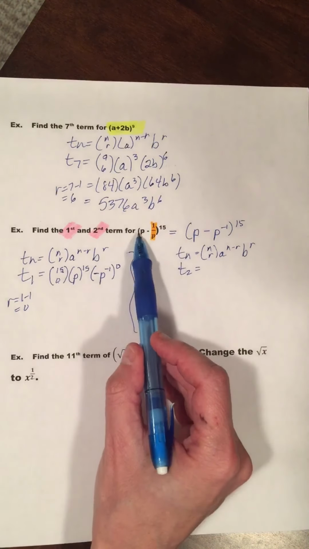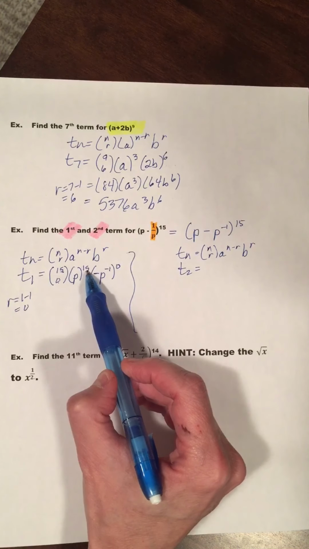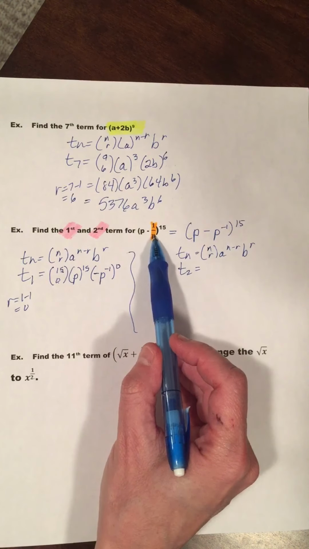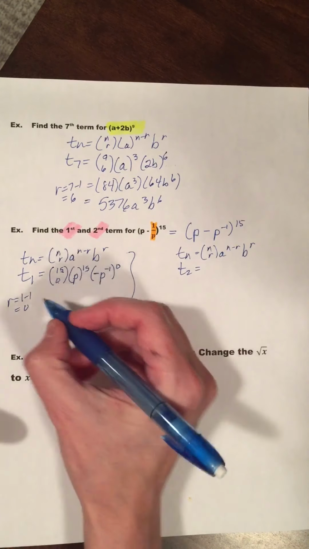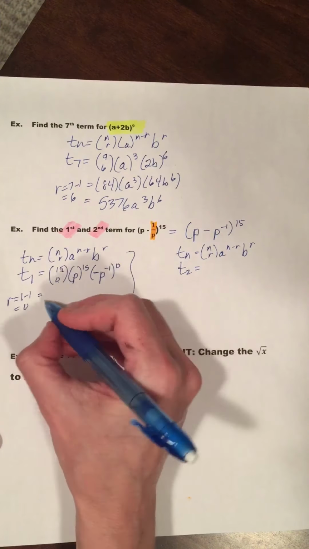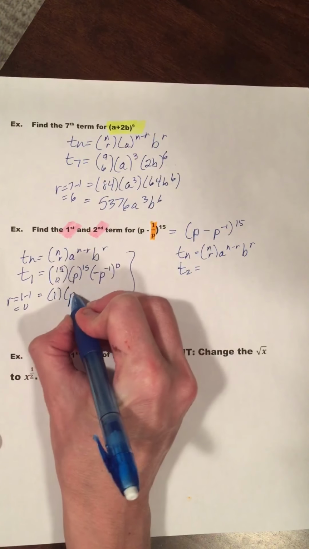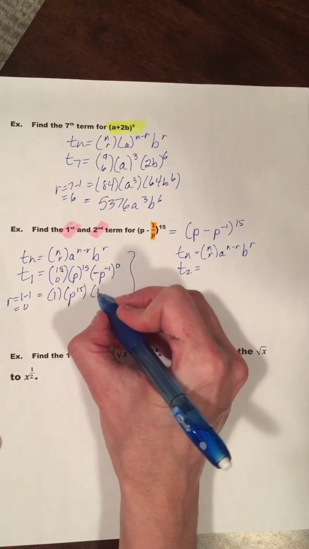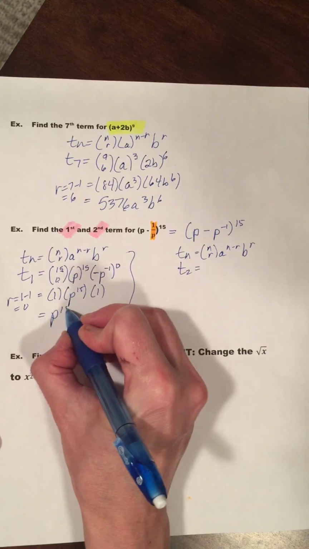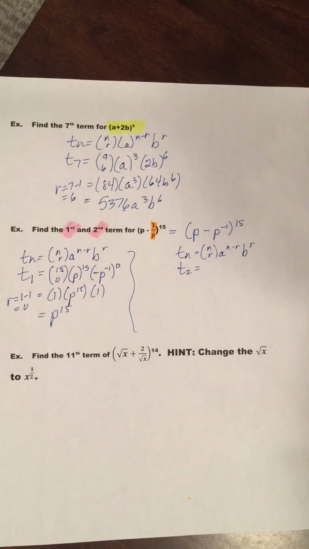Your first term is p to the 15. Your second term is negative p to the negative 1 to the 0. So 15 choose 0 is 1. p to the 15 is p to the 15. Anything to the exponent 0 is also 1. So that was super easy.